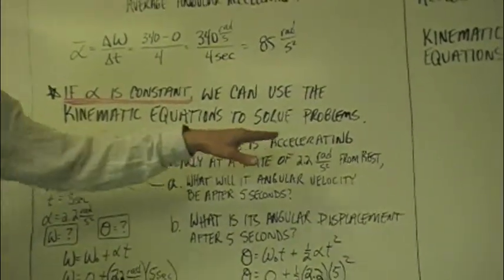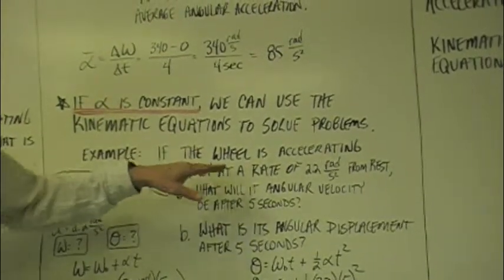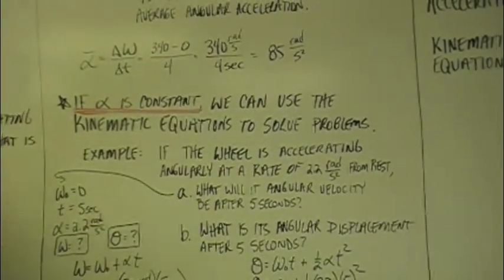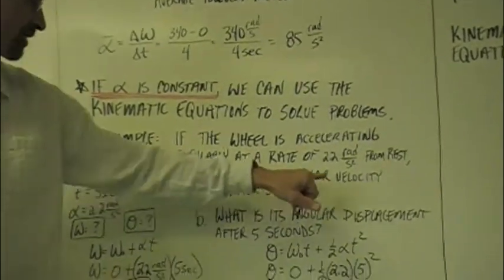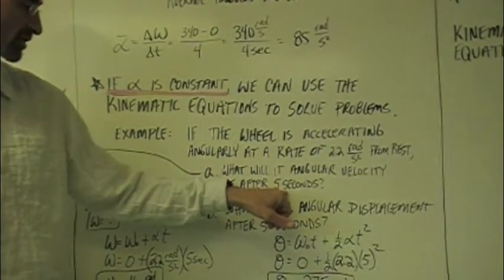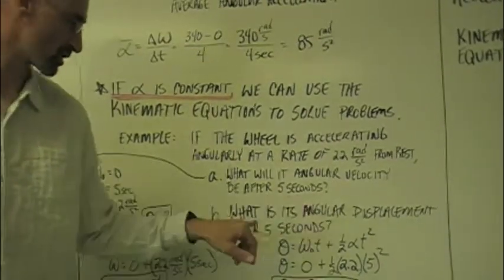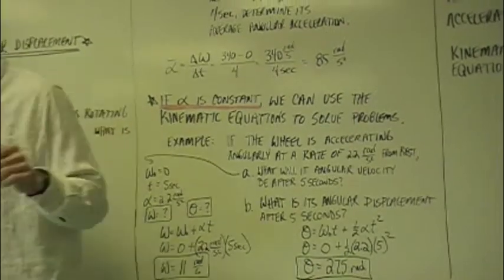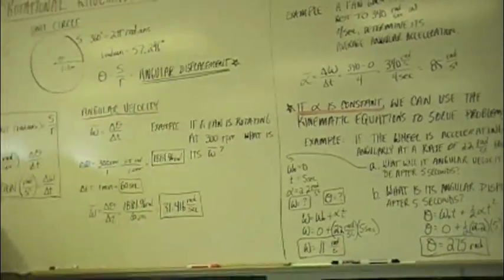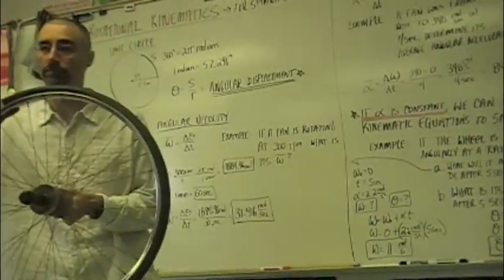Example: if the wheel is accelerating angularly at a rate of 2.2 radians per second squared from rest, what will its angular velocity be after 5 seconds? And what is its angular displacement after 5 seconds? So let's grab this. We'll use it as a demo. Here's our wheel.